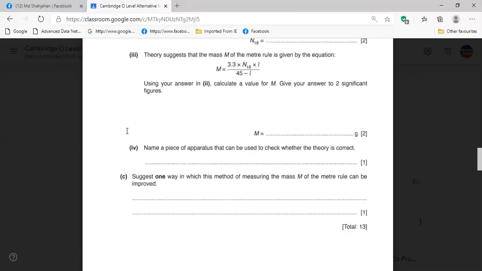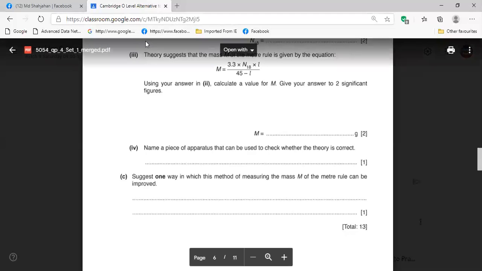How much is it? Hello, Abir, Tamjid, can you tell me, if you are giving 5 masses and it is balanced, then if you multiply 3.3 with 5, what is the reading coming?